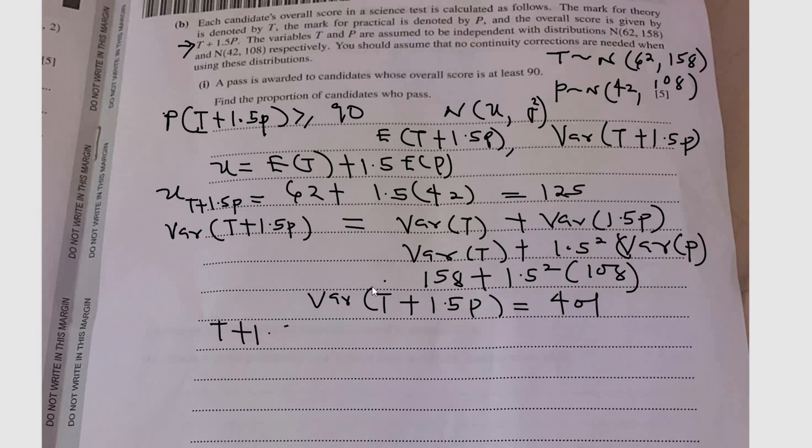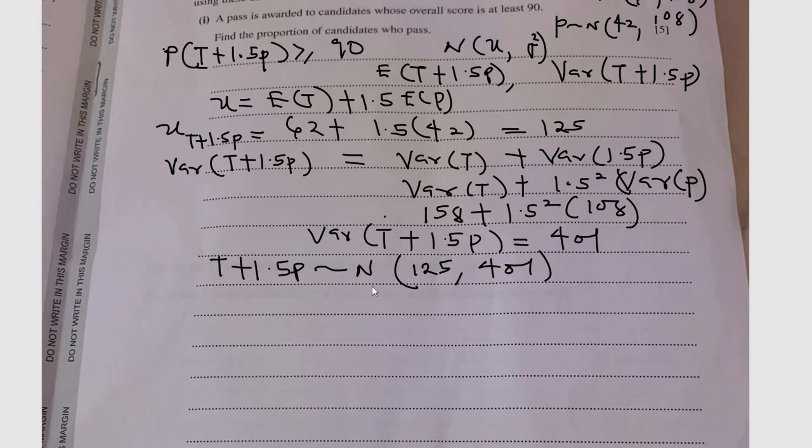So the total mark, which is T plus 1.5P, also is normally distributed. Since the individuals are normally distributed, the total should be normally distributed with a mean of 125 and variance of 401. The question asks us to find the probability of the total mark being greater than or equal to 90.